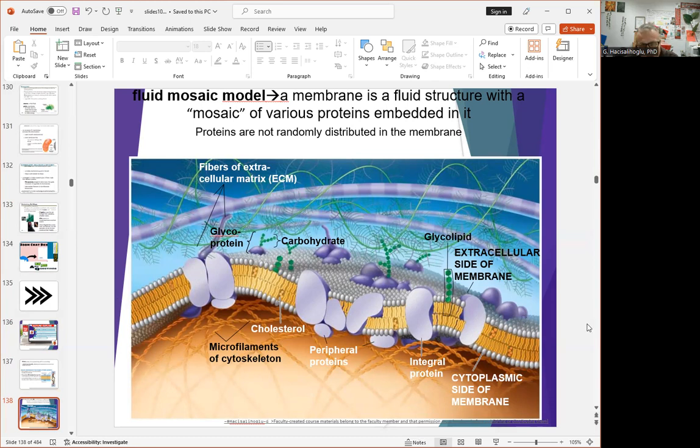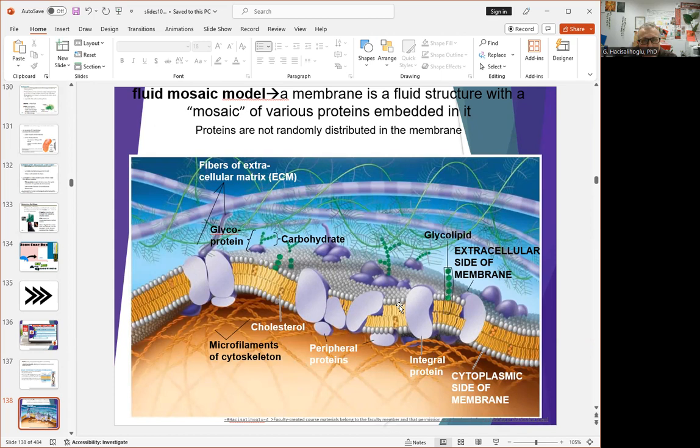This wall-like structure you see here is the PM, plasma membrane, which has all these proteins on it in purple. They can be peripheral on the surface or integral, which is crossing the membrane. They have glycoproteins, carbohydrates, glycolipids, and cholesterol. Very important here, you can see.